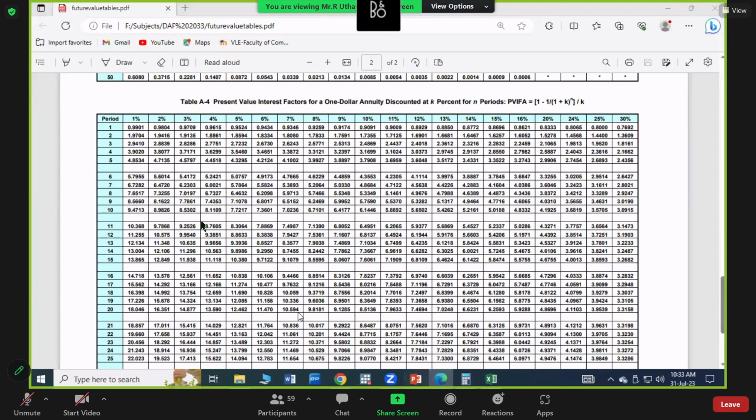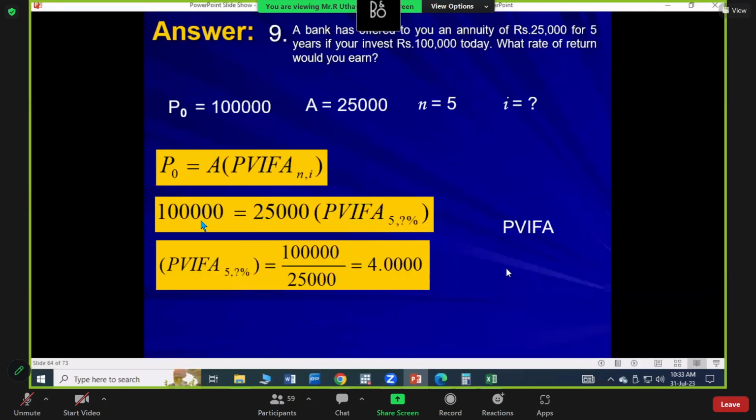You can give an exact one. At 7% is there, 8% is there, so the exact 4.0 is in between this.